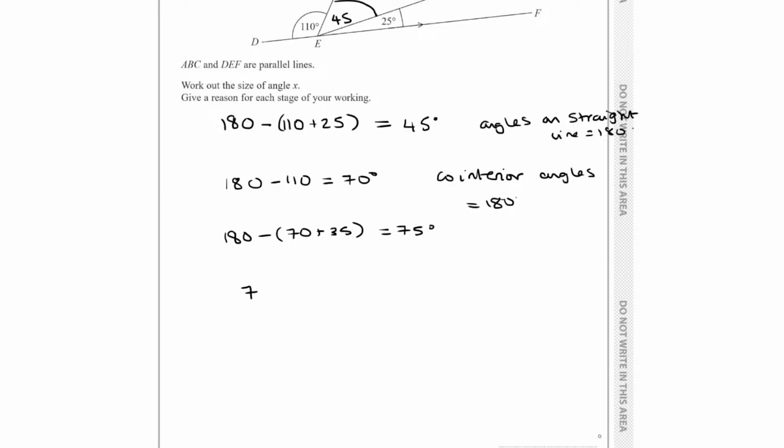Well, 180 minus 75 and the other 45, which are in the triangle. I think gives you 60. Yeah, so 60 degrees should be your answer for that one.